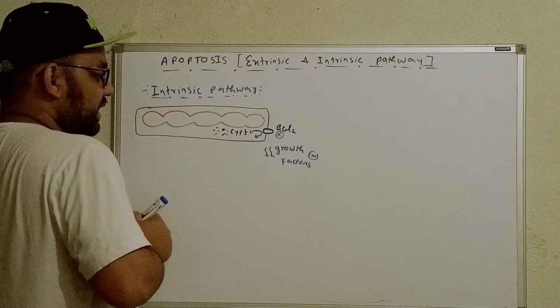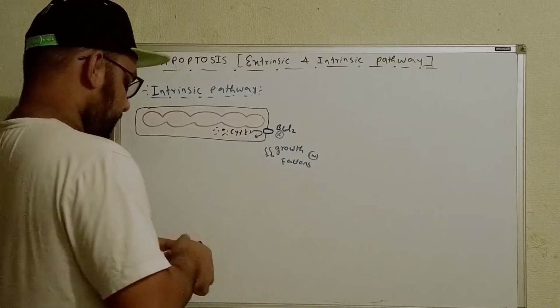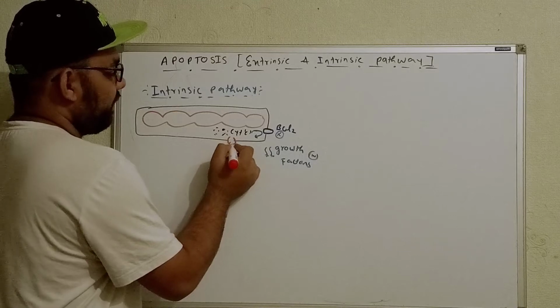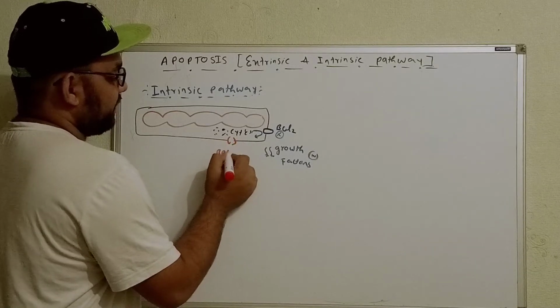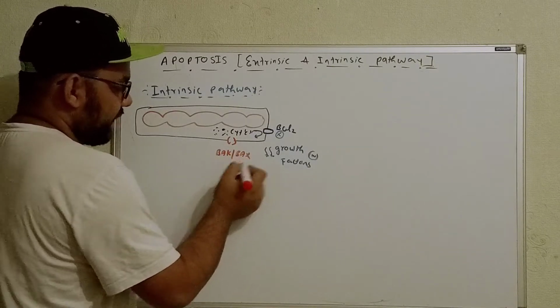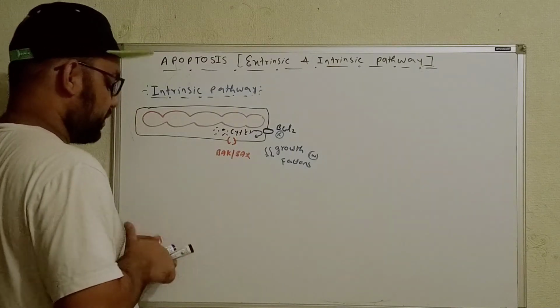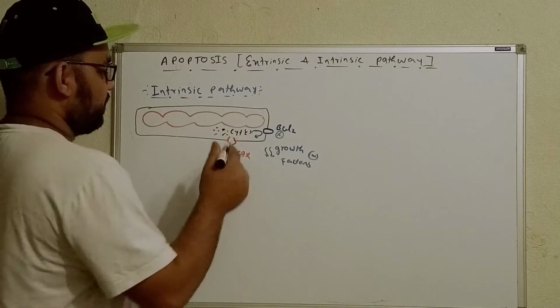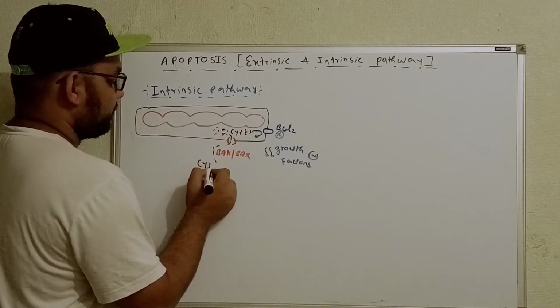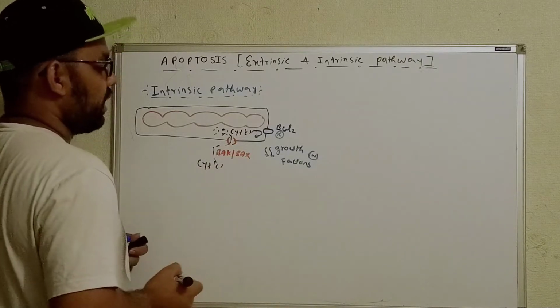Instead, certain other genes will be active, just like the BAK or BAX gene, and whenever these genes are activated, they will allow the cytochrome C to go outside of the mitochondria. So the cytochrome C will come outside of the mitochondria.